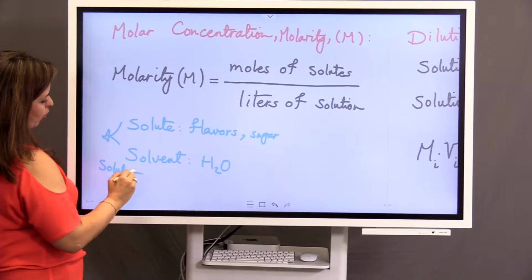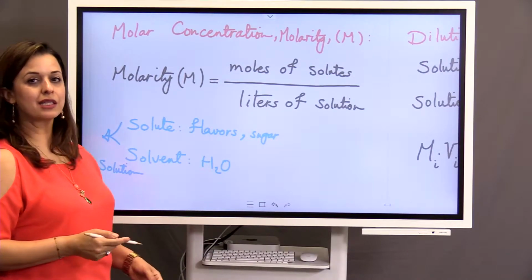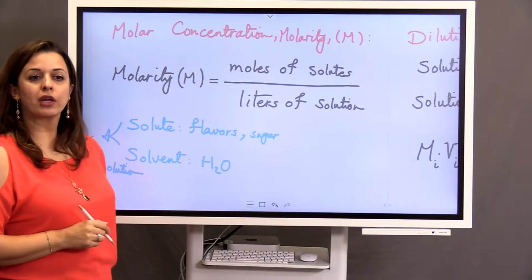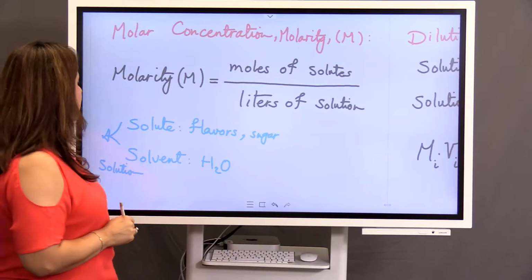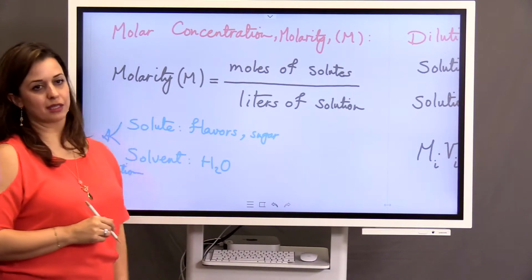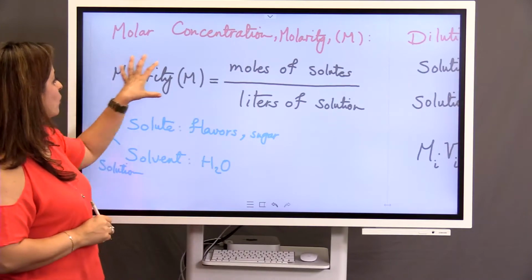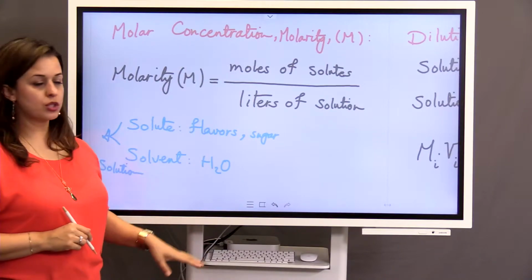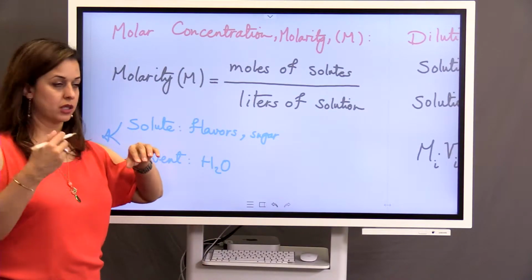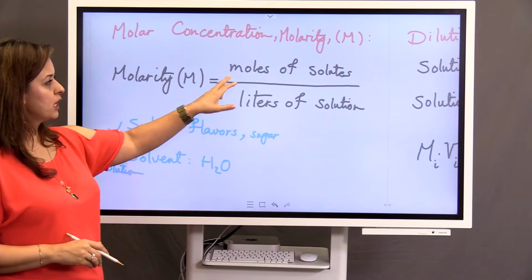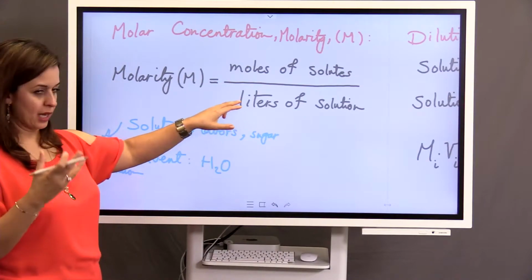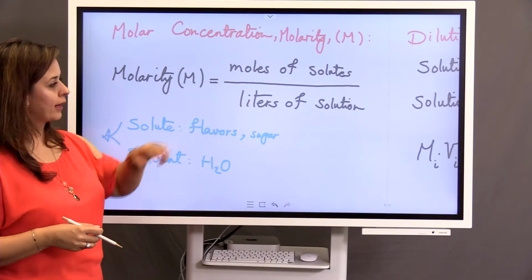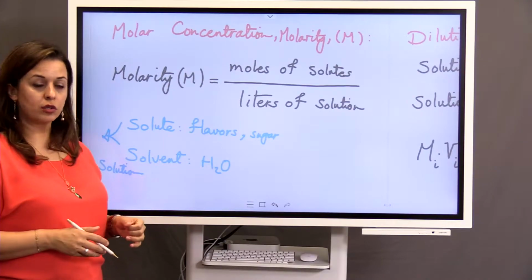You will learn more about solutions in detail at the beginning of the General Chemistry 2 course, but that's good to have as an introduction. So when we say molarity is moles of solute per liters of solution, it means moles of the substance that is dissolved in a lesser amount over the liters of the entire solution.